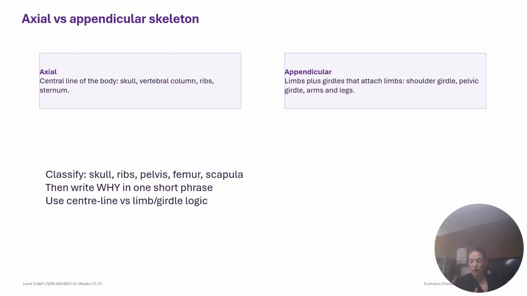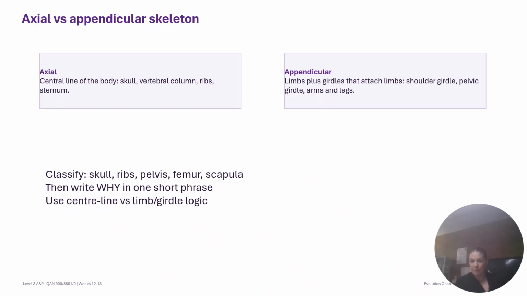Appendicular, your pelvis. Your humerus is part of your appendicular in your arm. Yeah? It's an upper limb. Okay, it's around this area, shoulder, arm, your humerus. Your femur in your thigh, your leg, appendicular.